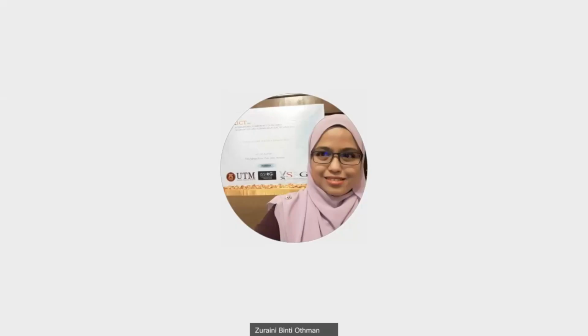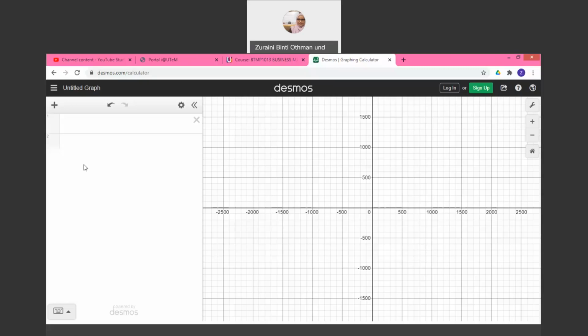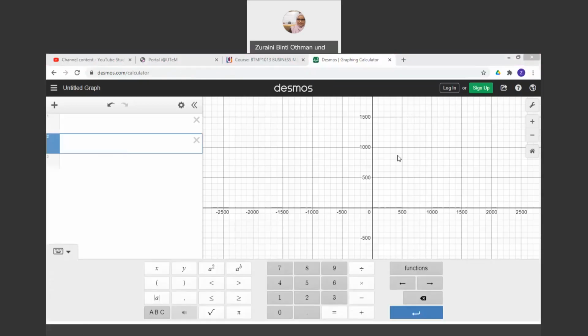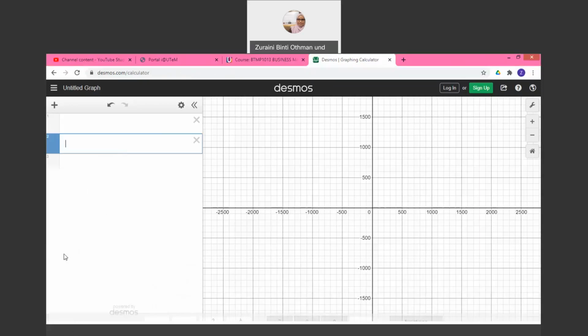Okay, sekejap ya, stop sharing. Now I'm sharing with you the Desmos which is from my Google Chrome. Okay, this is the Desmos punya environment.